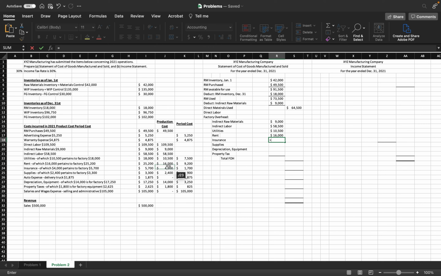Insurance, we were told that was 4,000. The supplies, 2,400. The depreciation component for the equipment was 14,000. And then we also know that the property taxes were this much. So what was the total of our factory overhead? Oops, I forgot the equal sign there.